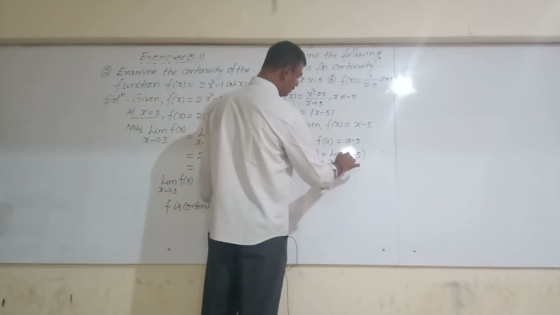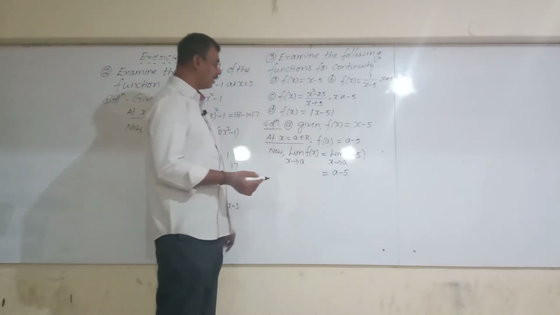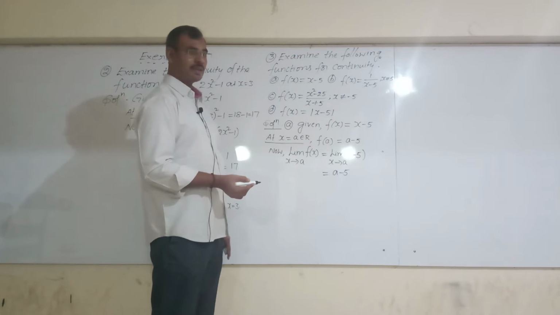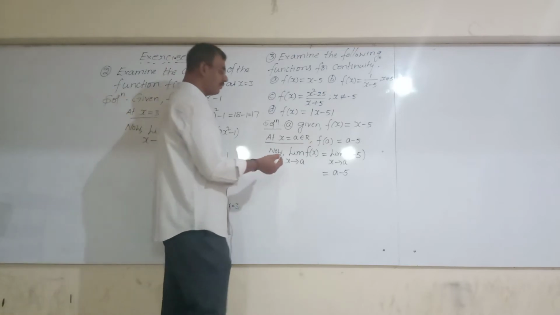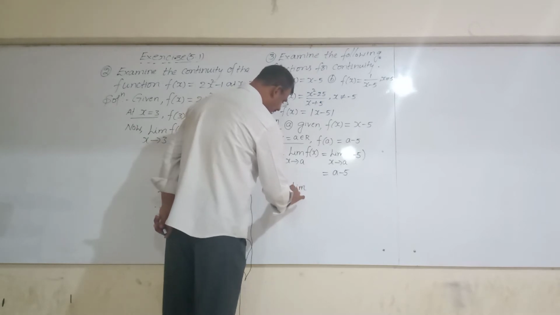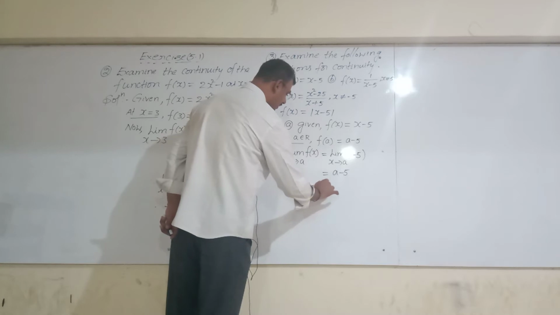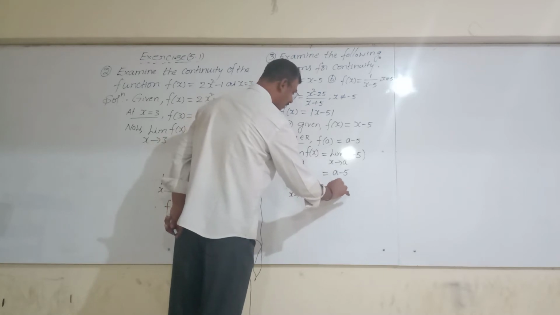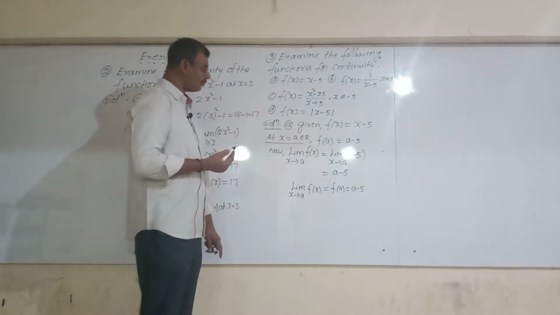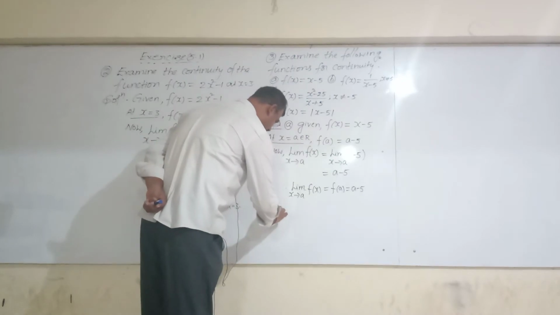This is equal to a minus 5. Observing, this is nothing but f of a. Yes, it is exactly f of a. Therefore, the limit as x tends to a of f of x is equal to f of a, that is a minus 5. Hence, f is continuous.